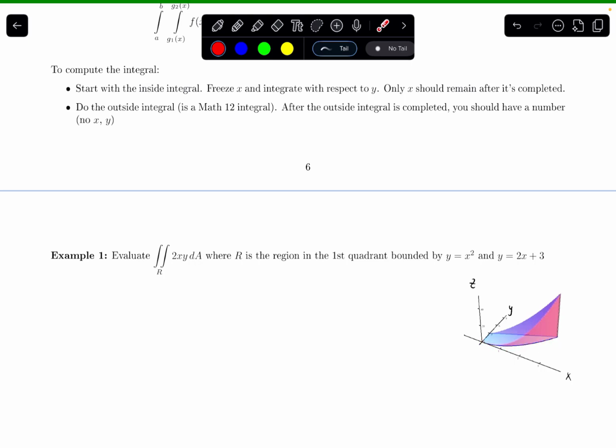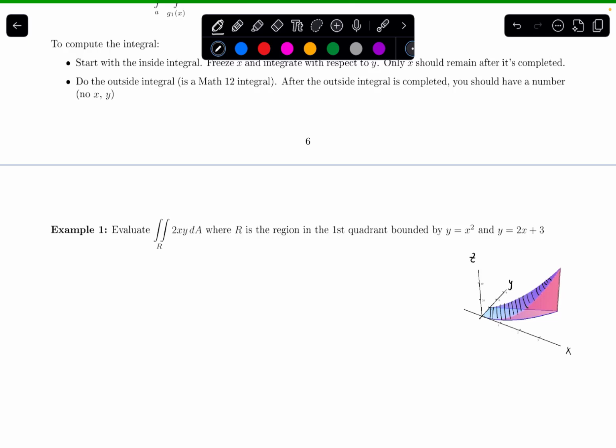The line y equals 2x plus 3 is here. And then this z equals 2xy, that I'm going to do my best to kind of draw in. That's like if I take those walls and imagine I'm connecting these boundary walls with this surface. Okay, I get some sort of surface like this. All right, and that surface, very rough picture, is z equals 2xy. So something like this. And I'm finding the volume.